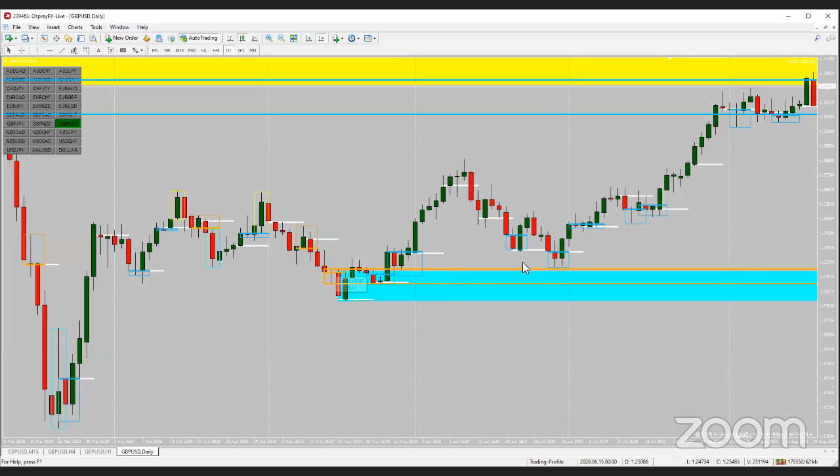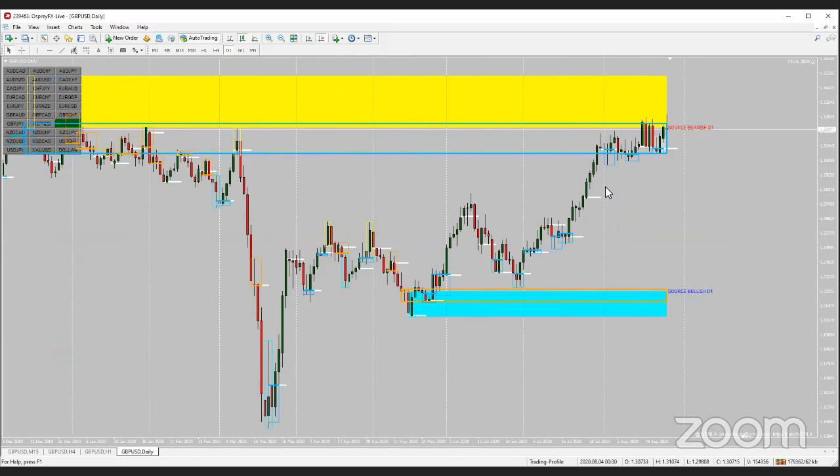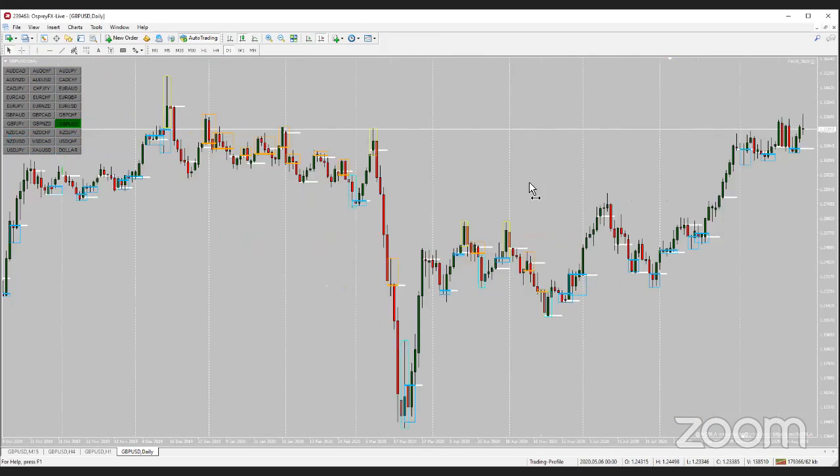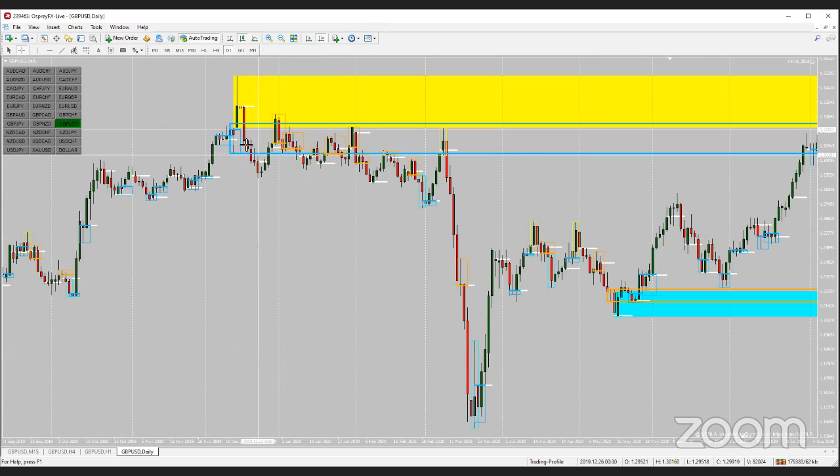That's what you see with this extension of this orange line, the LSB candle. And on the supply side, again, it's the same thing. As price was running up here, this was the most recent candle responsible for the highest high. So this is the LSB candle on a daily time frame.